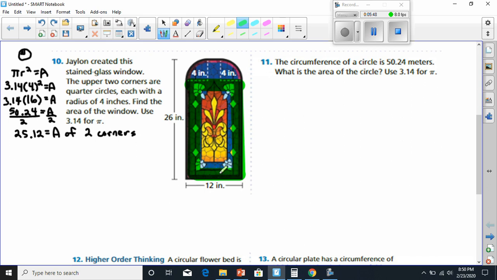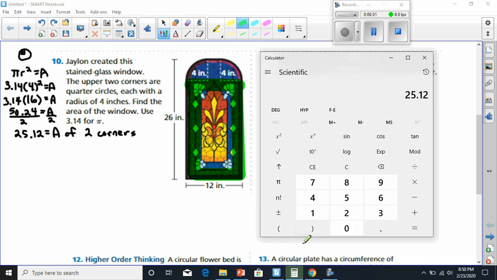I realize that it's 12, but it's not 26, because this quarter up here is 4 inches. So I'll have to take 26 minus 4. That's going to give me 22. So now I've got to take 22 and multiply it by 12 to find this. Well, 22 times 12 is 264.